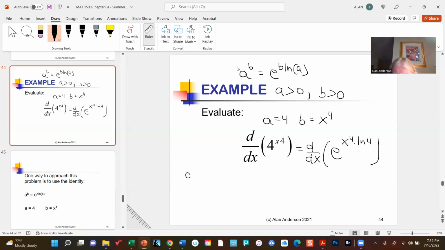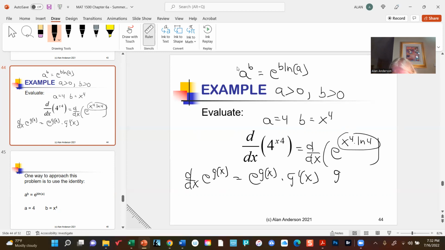Also remember that when you take the derivative of e to the g of x, you're going to wind up with e to the g of x times g prime of x. Well, in this case, g of x is all of this. And don't forget that log 4 is a constant. So we're going to use the power rule. We're going to have 4x to the third times log 4.